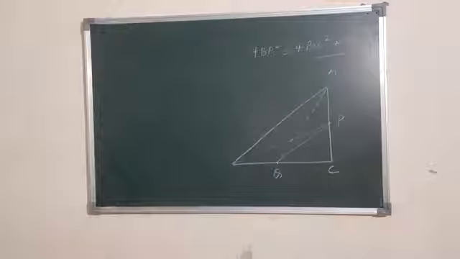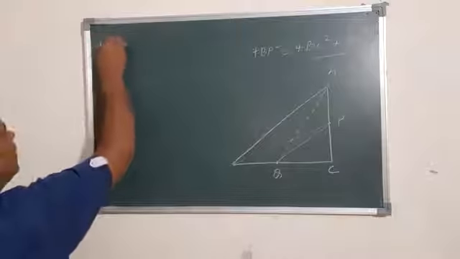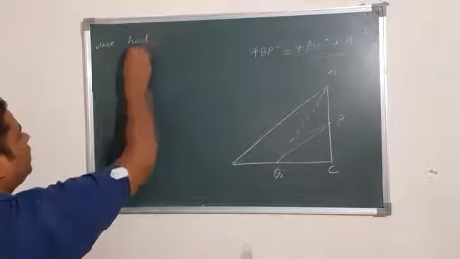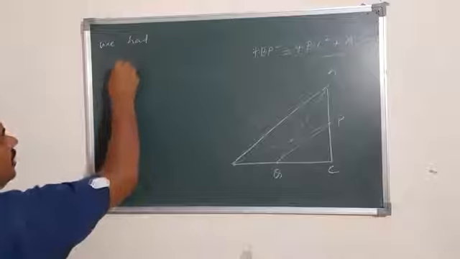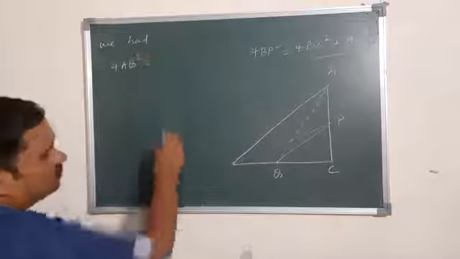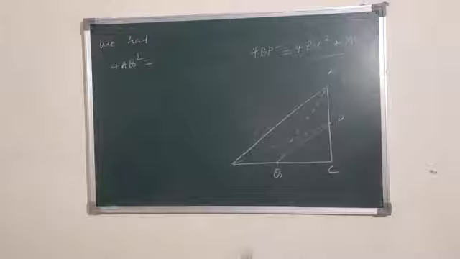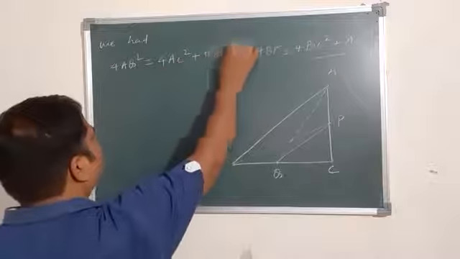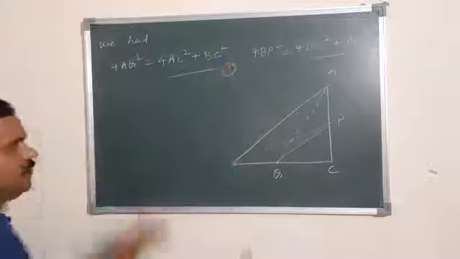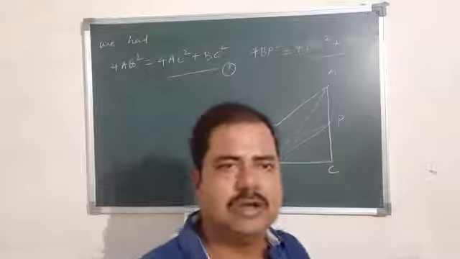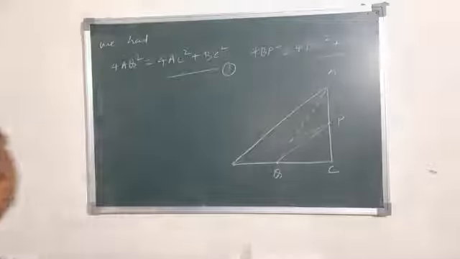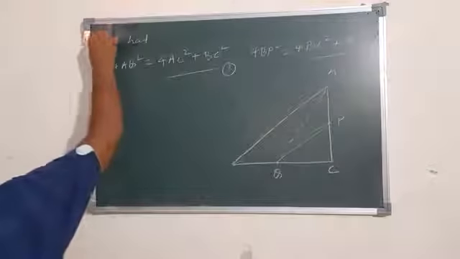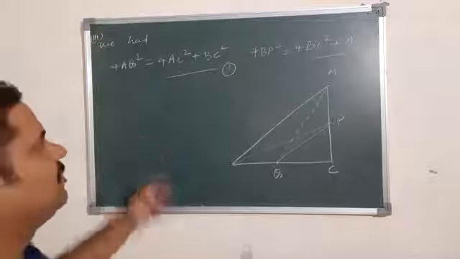The first result is 4AQ square is equal to 4AC square plus BC square, equation number 1, and this is equation number 2, the second result.